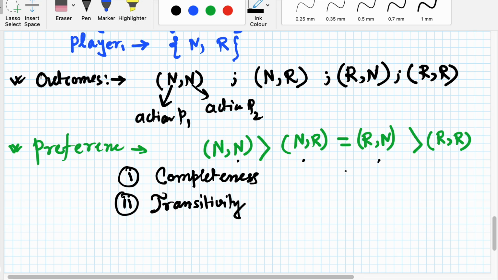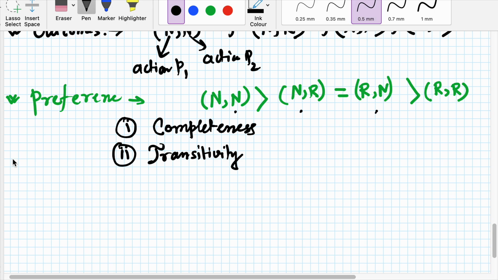Since completeness and transitivity are followed, we can associate real numbers with them to make it utility. Sometimes it is called the payoff function, or it is called utility. We will synonymously use payoff function or utility.